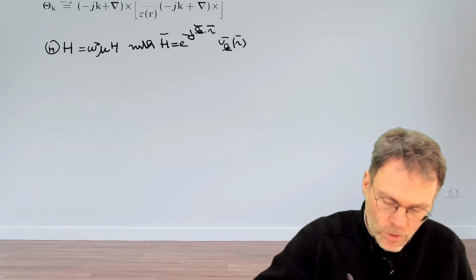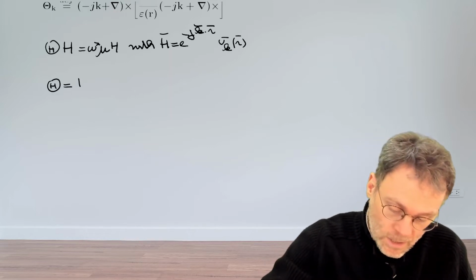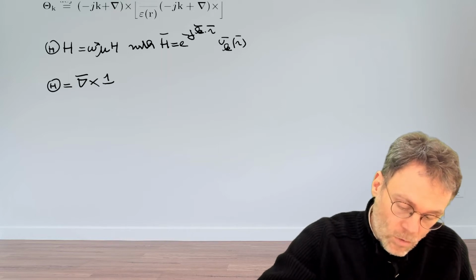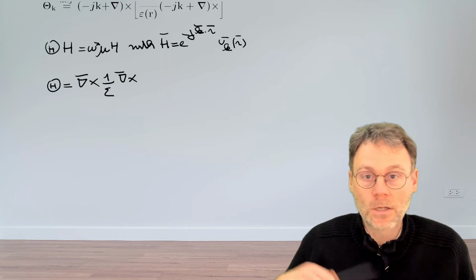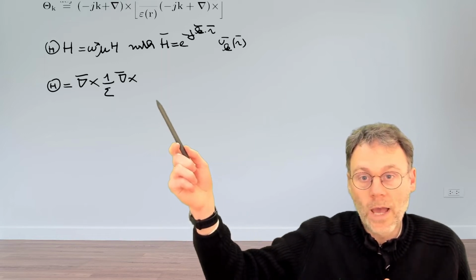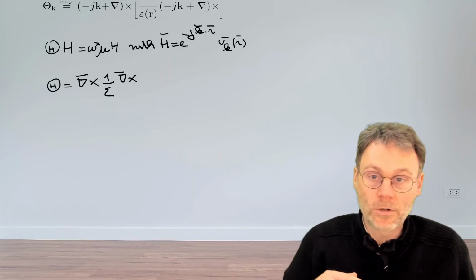So let's have a closer look at our theta operator. Let's remind ourselves of the fact that theta is actually curl 1 over epsilon curl. And then the question is, what happens when we have a very specific form of the function that comes here?